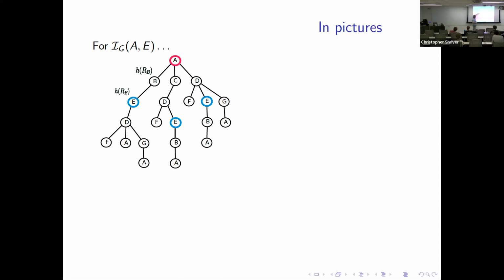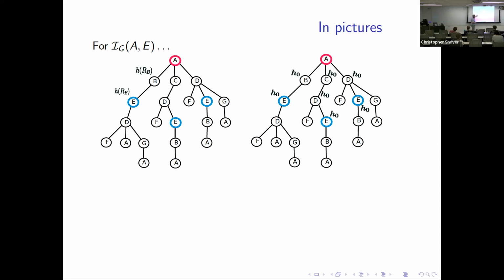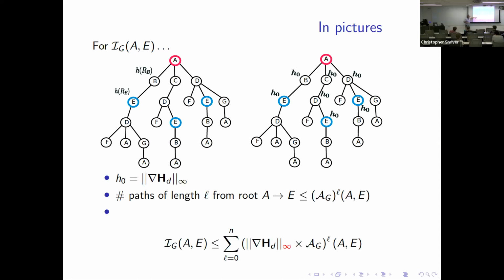But instead, I substitute all these H of R_B with H_0, the infinity norm of the gradient of H. Of course, H_0 is bigger than H of R_B. So the influence of A on each copy of vertex E is H_0 raised to the distance of A from E.